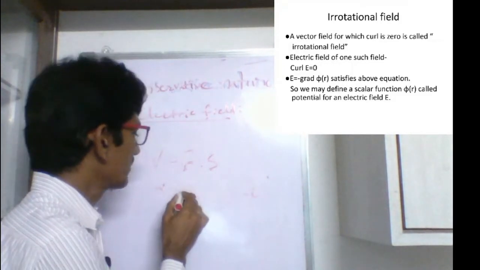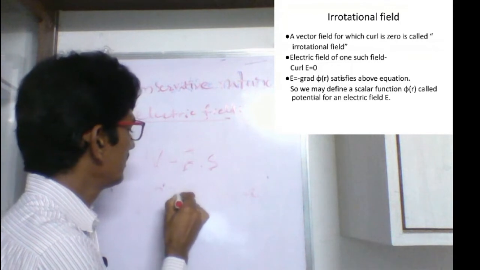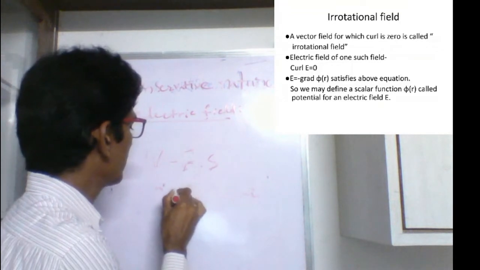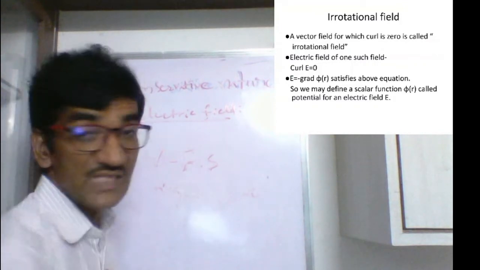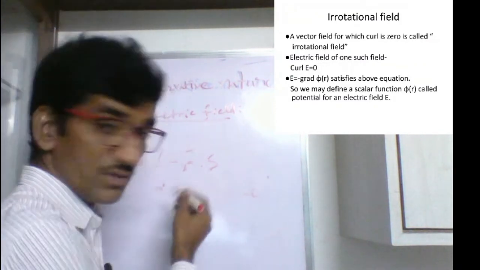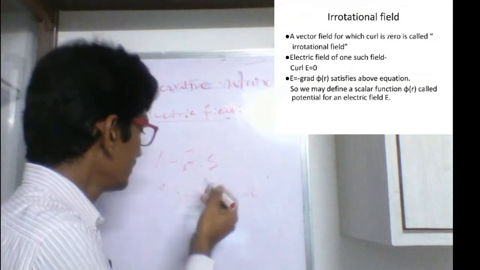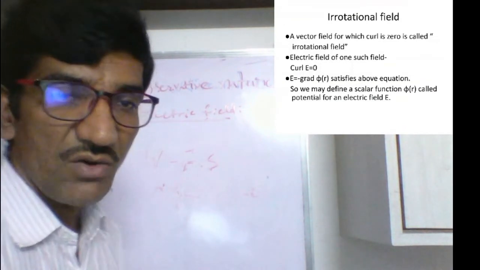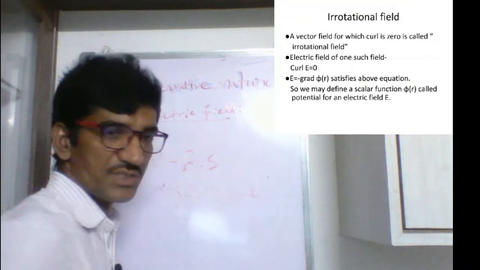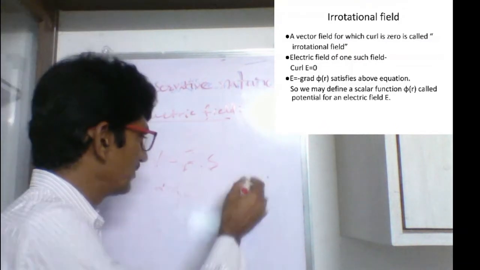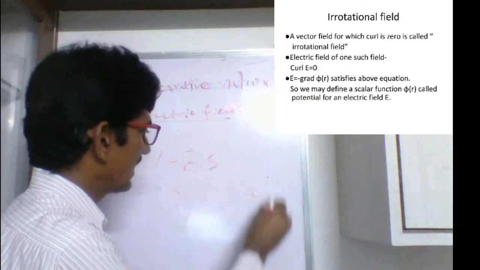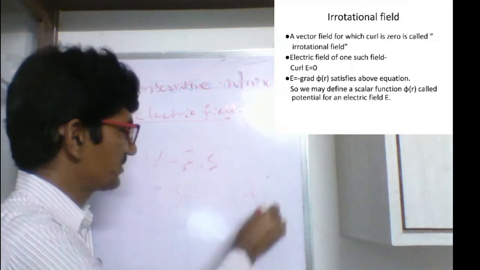The closed integral, the integral with this symbol, along the closed curve of E dot dl is equal to 0. This is called the circulation of E is 0. E dot dl for a closed curve is 0.